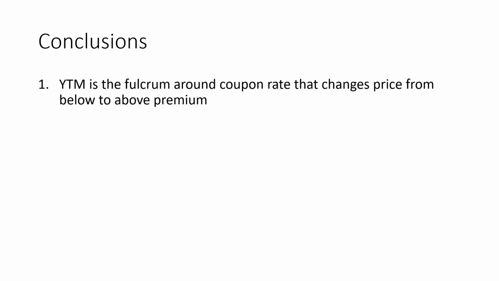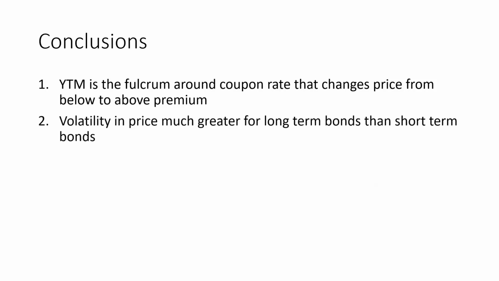When the YTM decreases, the price increases. When the YTM increases, the price decreases. So the price of the bond goes from discount to premium or vice versa, depending on how the interest rate changes. So volatility in price is much bigger for a long-term bond as compared to a short-term bond.